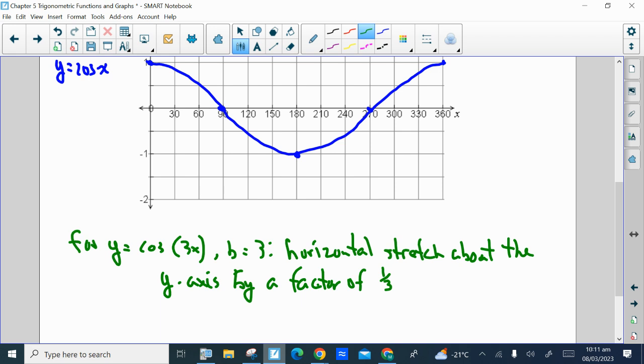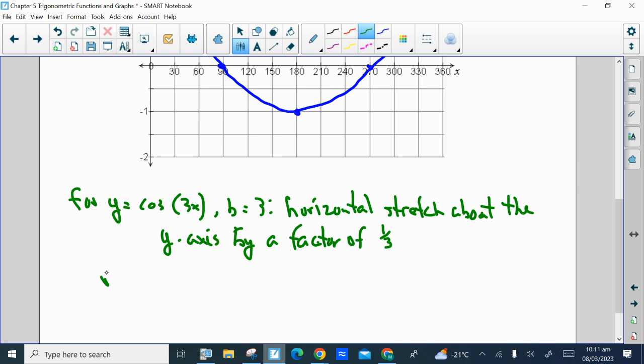And so, because we're horizontally stretching by a factor of 1/3, the period is going to change.